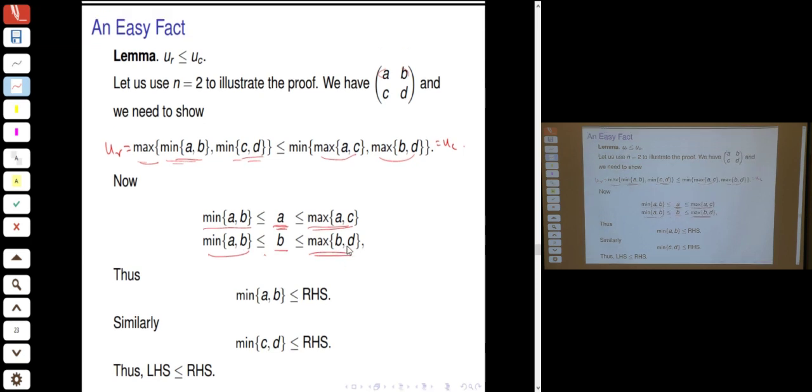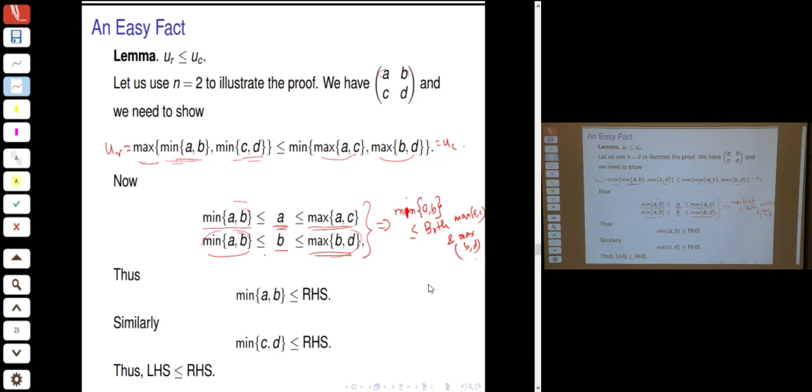So this together implies that the minimum of A and B is less than or equal to the maximum of A and C, and the minimum of A and B is less than or equal to the maximum of B and D. These together imply that the minimum of A and B is less than or equal to both the maximum of A and C and the maximum of B and D. Okay.